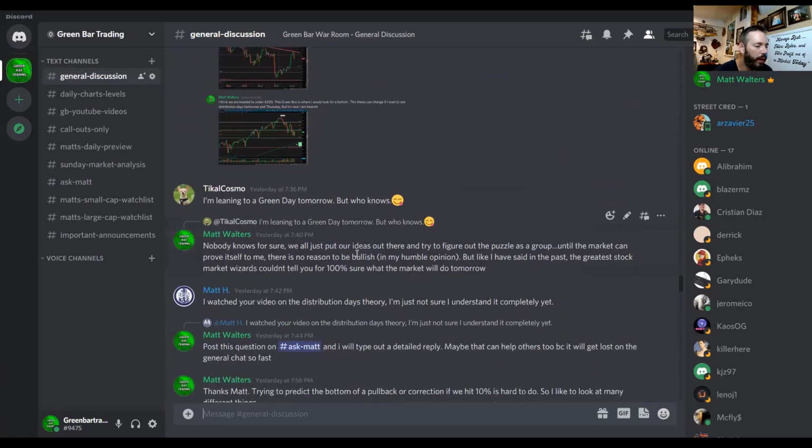Nobody knows for sure, but we're all in here as a community trying to put this puzzle together as a group. So until the market proves itself to me, there's no reason to be bullish. So I'm bearish. That is what I am until the market starts to break these trend lines that I show. I'm trying to keep it as simple as possible, using technical analysis.